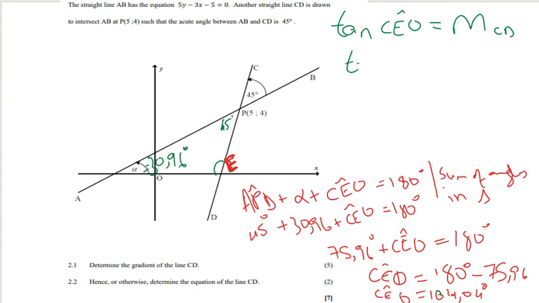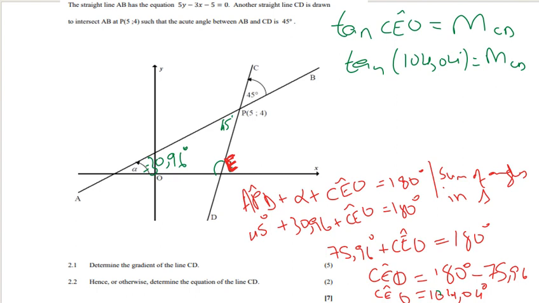Tan 104.04 degrees is equal to MCD. Punch that on your calculator as I'm punching mine here. Tan 104.04.